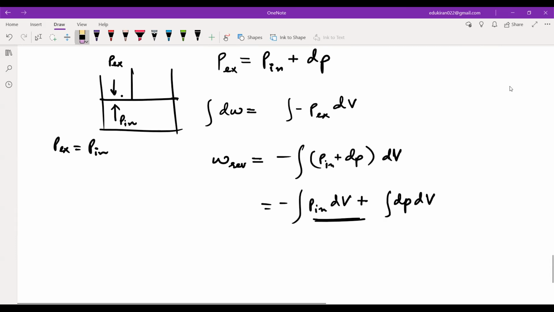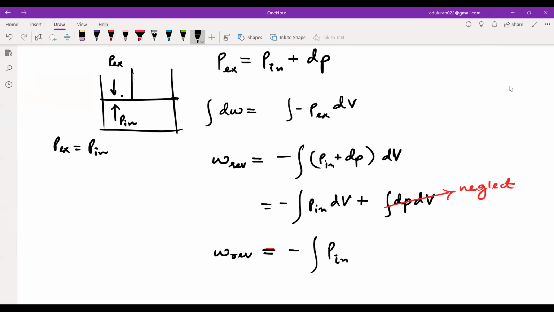That is why I am going to neglect this term. Hence work reversible will be equal to minus integration of P internal times dV.